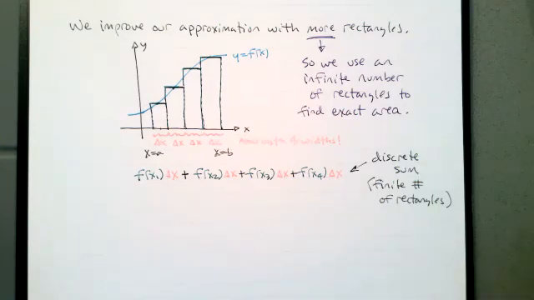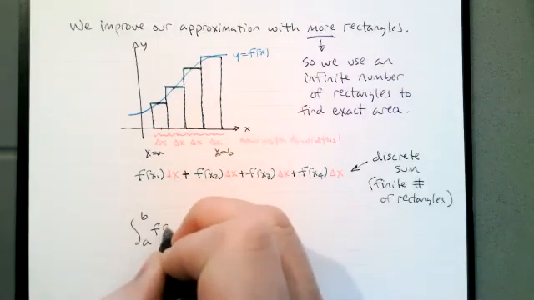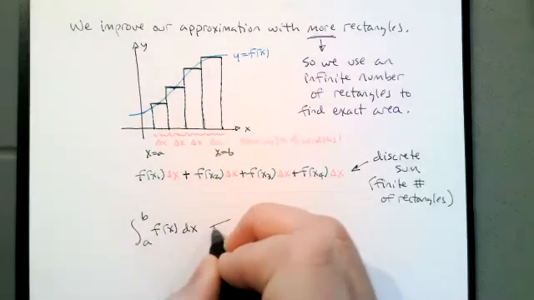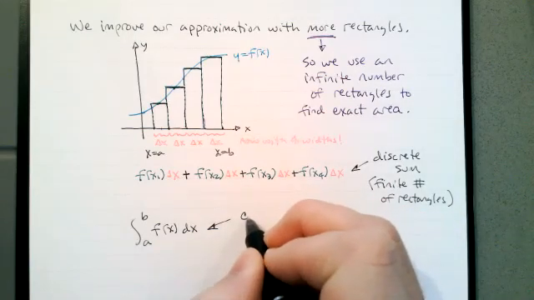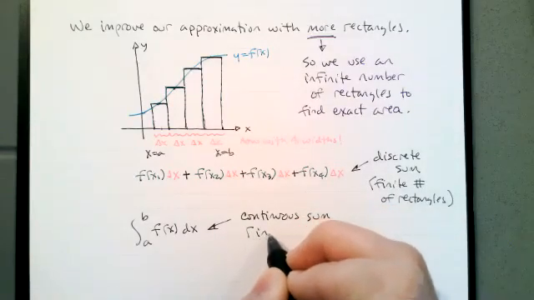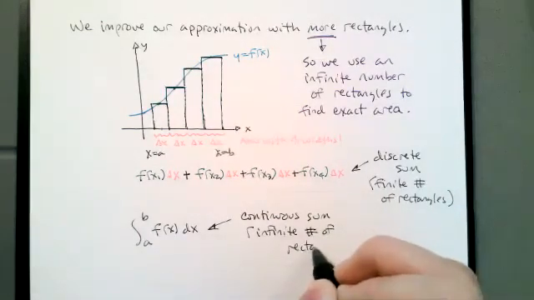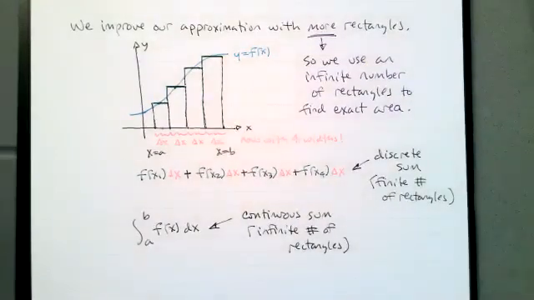And then we want to go to an infinite number of rectangles. So we go from a discrete sum with a finite number of rectangles to a continuous sum that has an infinite number of rectangles.